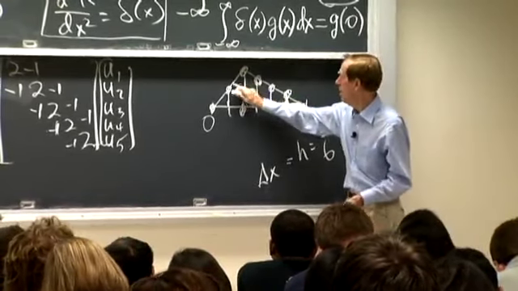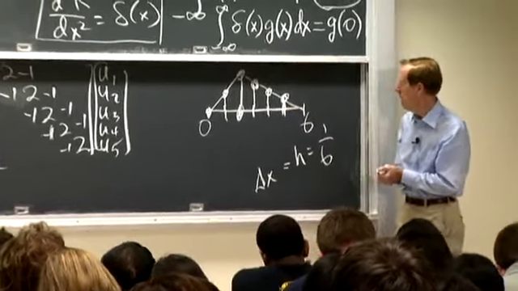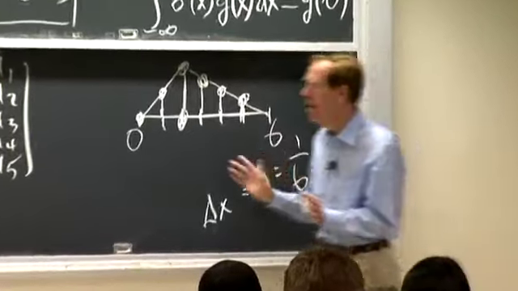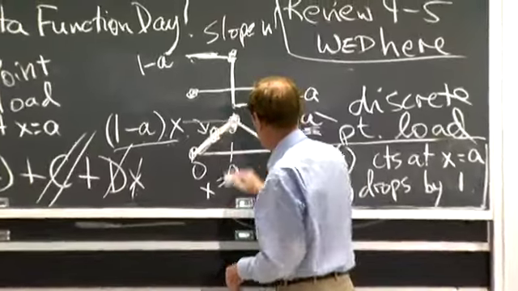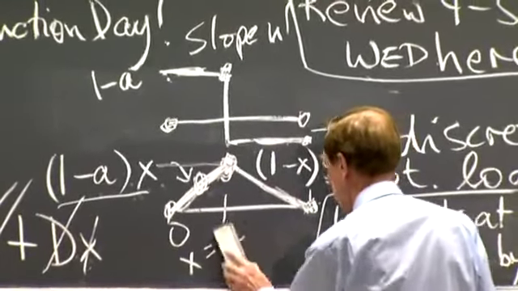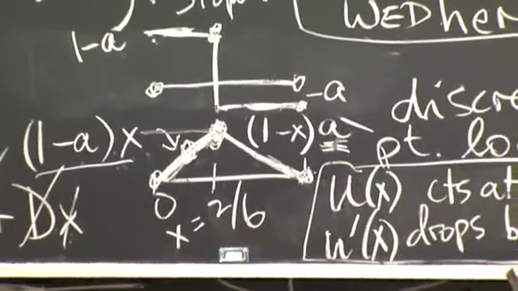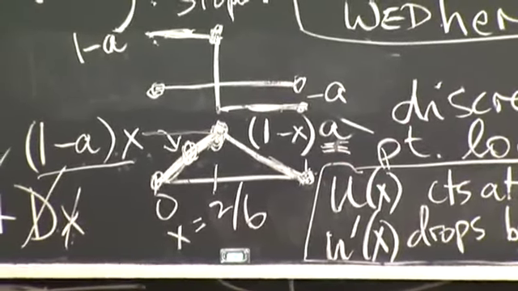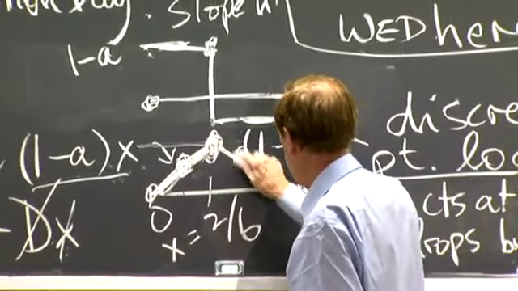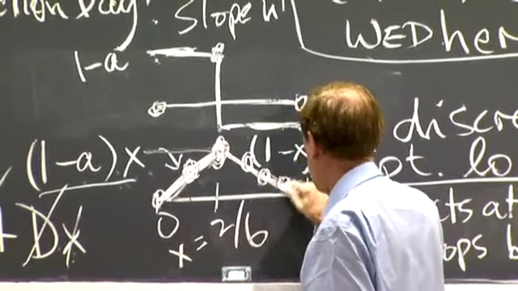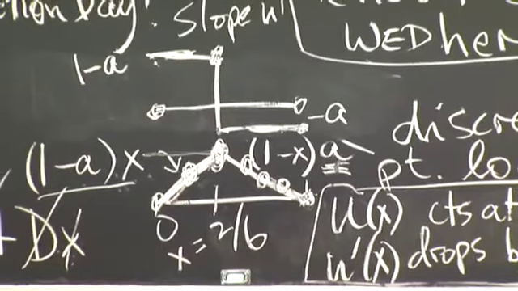And what's more, this is going to drop by 1 again. Actually, I didn't have to redraw the picture. It falls right on. In case x is 2/6, so that it fits that picture, I'm claiming we have another extremely lucky case, if we can use the word lucky for math.